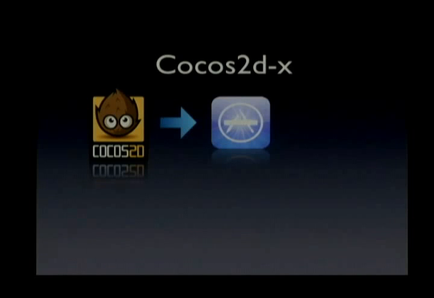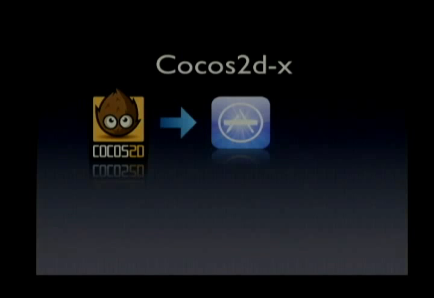Secondly, I'd like to talk about Cocos 2DX. If you are a mobile application developer, I think you know Cocos 2D iPhone. Cocos 2D is a very famous 2D game framework. There are a lot of games created by Cocos 2D iPhone, but we are developing our applications with Cocos 2DX.